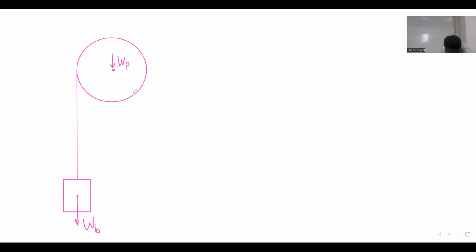I want you to do this problem yourself. Now with this method, I will tell you what is the method and you do it. AX, this is your AY, and now students are getting confused. Isn't it the center of mass of the pulley? And I will tell them, yes, you are right. This is the center of mass of the pulley or point A. That's why I said I will keep on alternatively using A or G for this one.